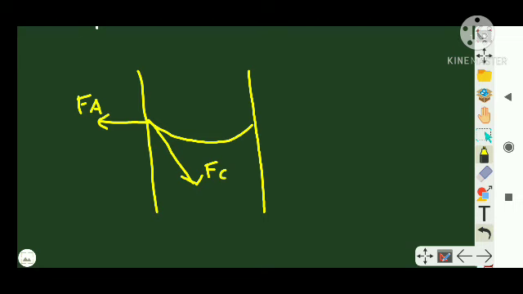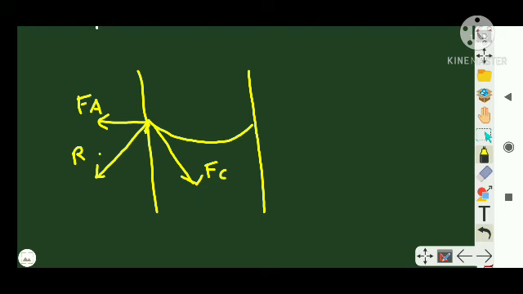The surface will take the shape such that the resultant of the two forces is perpendicular to the surface at the point of contact. I hope this much is clear. Even if this doesn't look perpendicular, I'll redraw it like this. This is the resultant force.